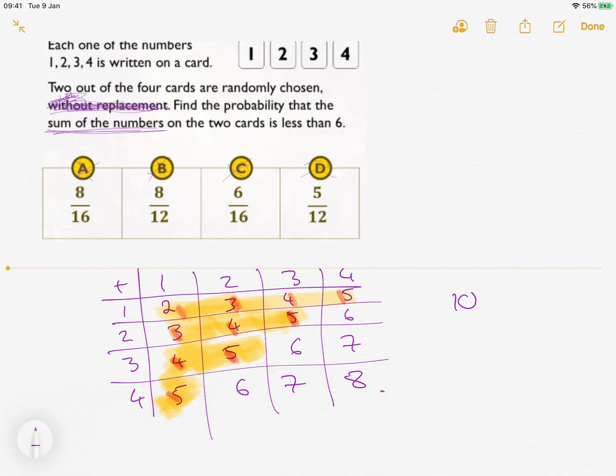So that's 10 out of the possible 16. So that's 10 out of 16, which I can simplify to 5 eighths. But it doesn't say simplifying the question, so you could have either answer.